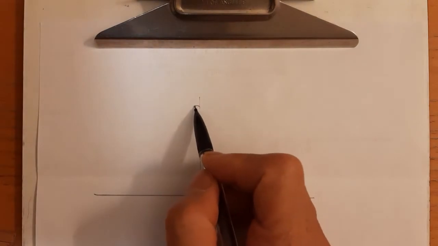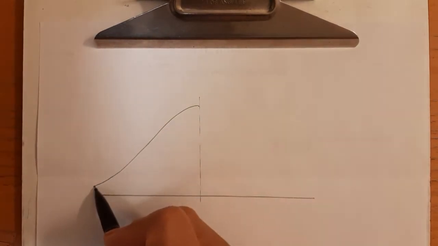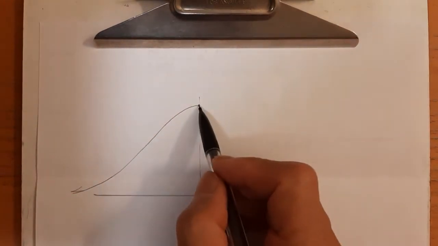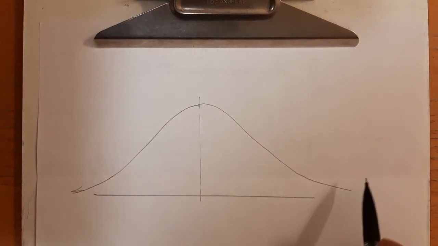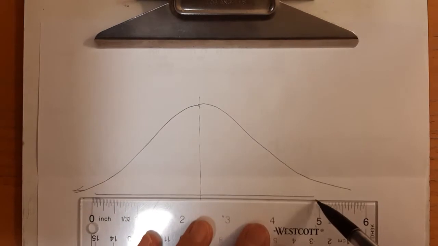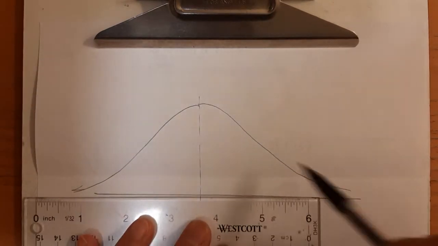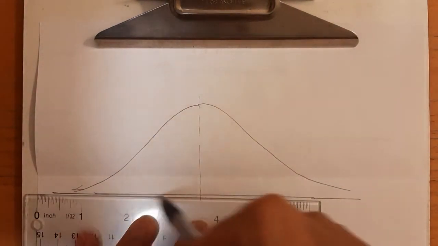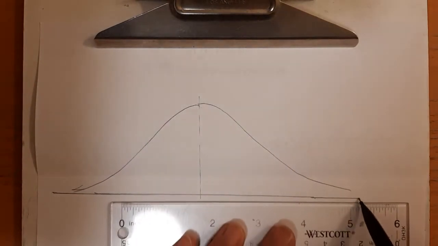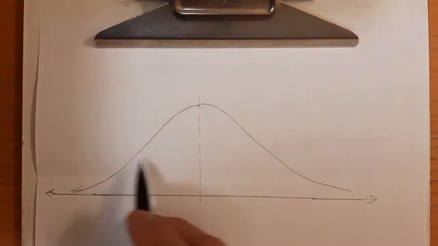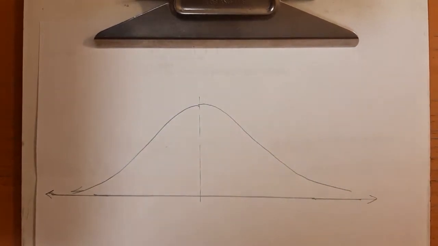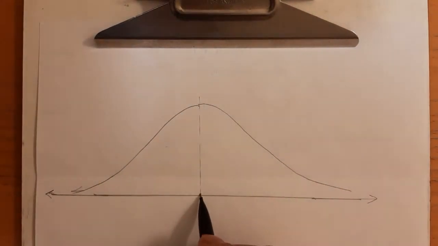In the center, to the left and to the right is symmetric. And this we call bell shaped.